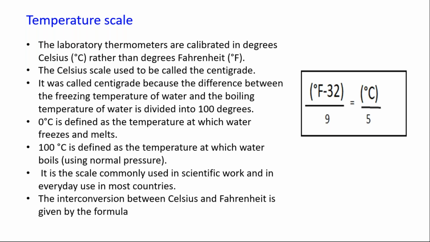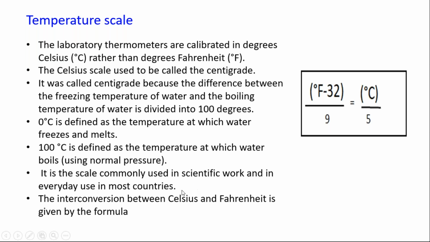The reason why it got its name centigrade is the melting point or freezing point of water is 0, whereas the boiling point of water is 100 degrees. And this 100 can be divided into 100 equal parts. And so therefore centi means 100. And so the Celsius scale came to be also known as the centigrade scale.